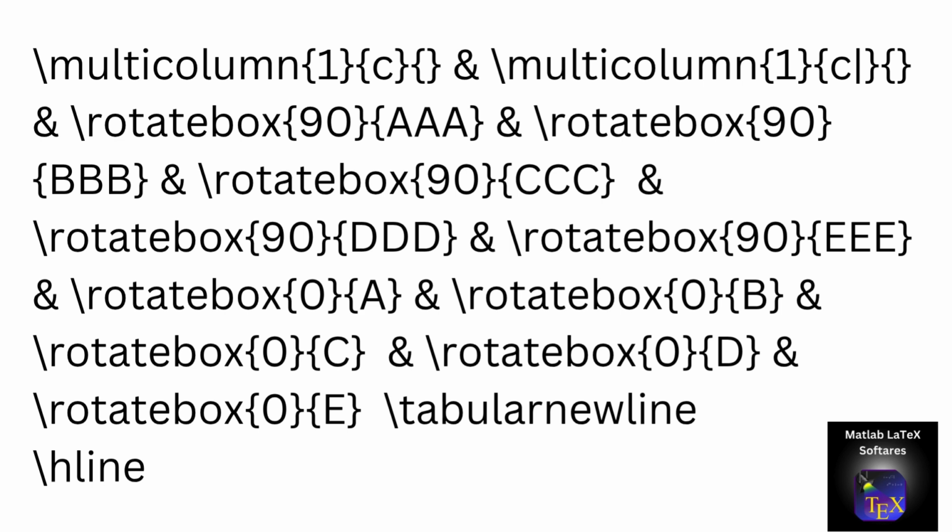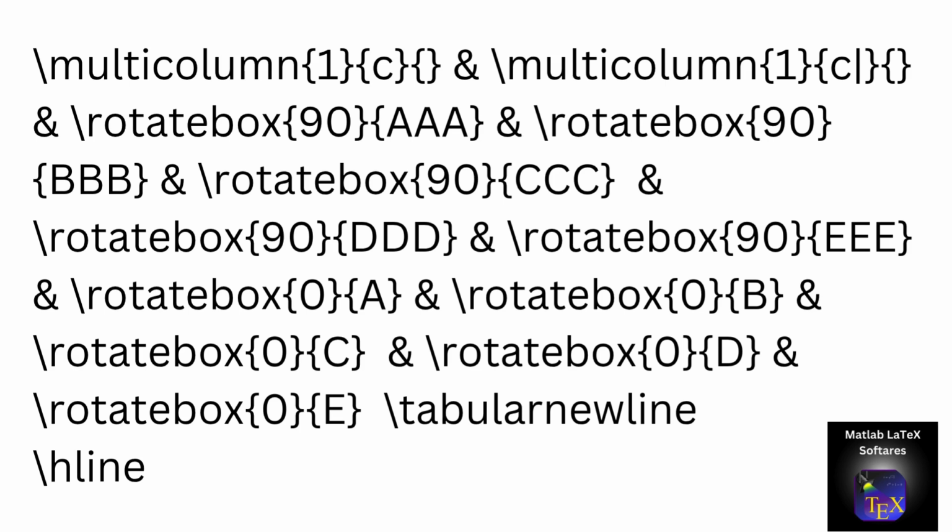And this line of LaTeX code defines the section header row of the table using the multicolumn and rotatebox commands to control both alignment and text orientation. The first two cells, created by multicolumn of 1 of C and multicolumn of 1 of C, are intentionally left blank but centered to maintain alignment with the table structure.